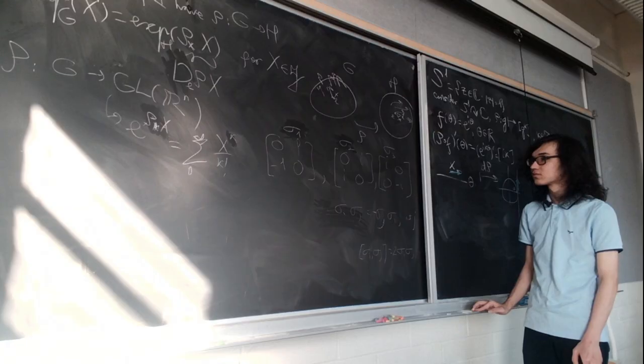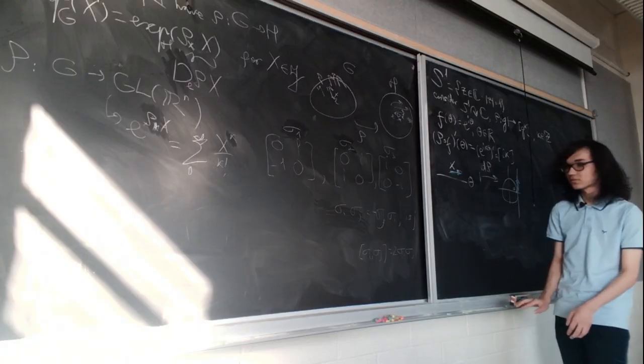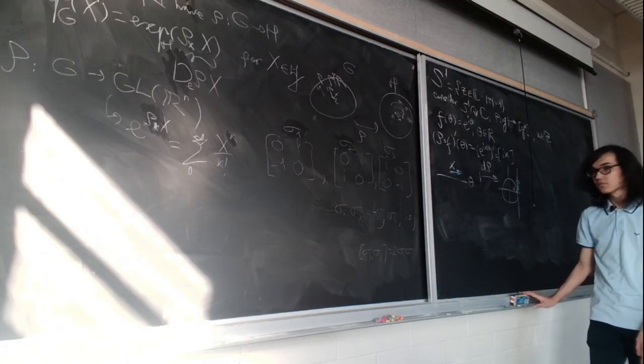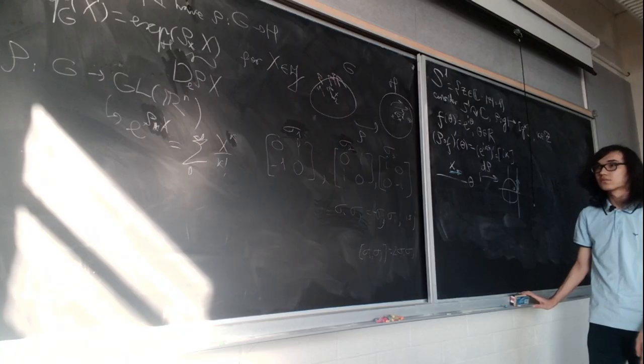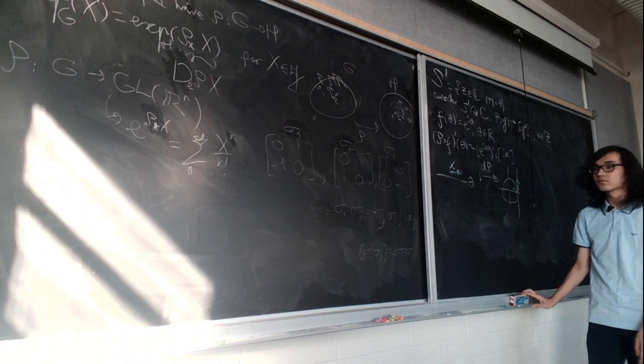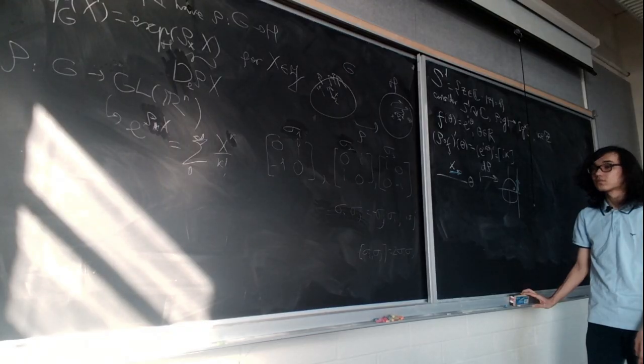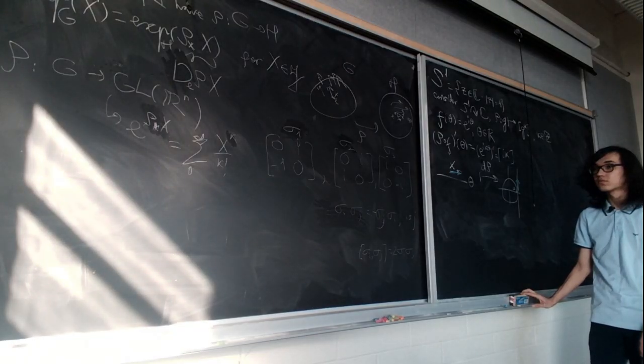If you use your formula, define the representation on the exponential of x as the exponential of the matrix corresponding to x, it turns out these two exponentials of the two matrices you get by looking at two different vectors have the same exponential in SO(3). These two matrices will differ by a sign. So the representation will not be uniquely defined.